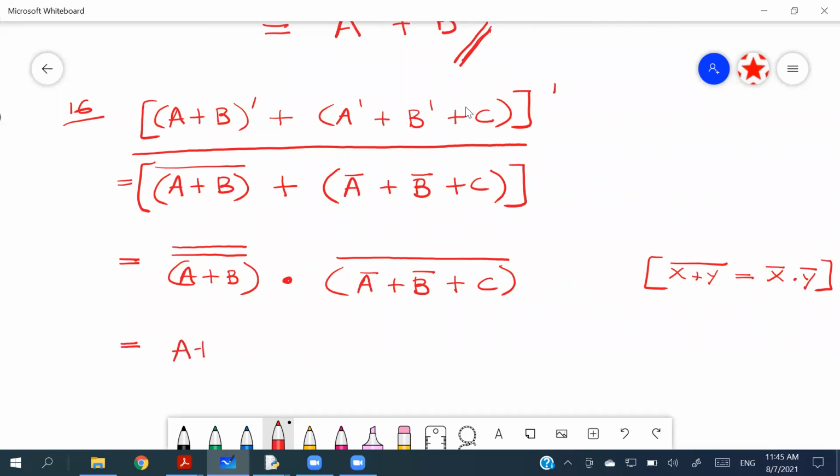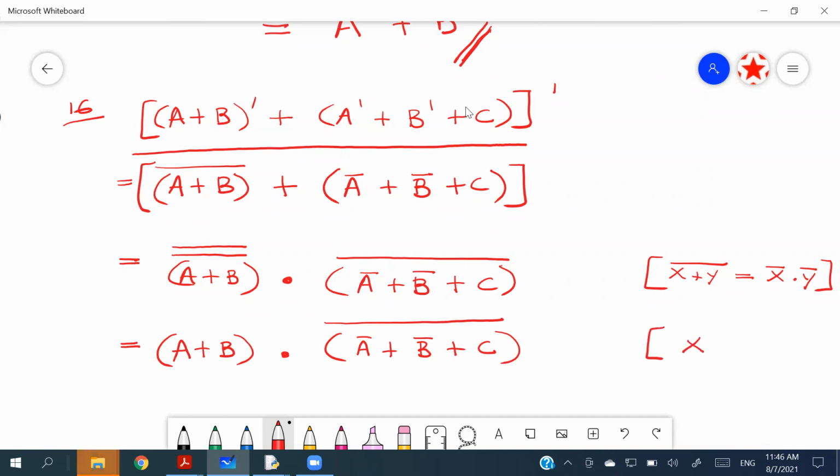So it will give you a plus b dot a bar plus b bar plus c total bar. Now this gives you the double inverse law. So x double bar equals x.